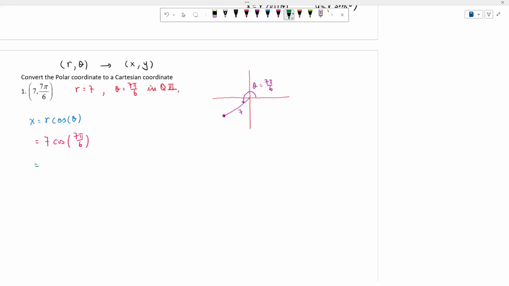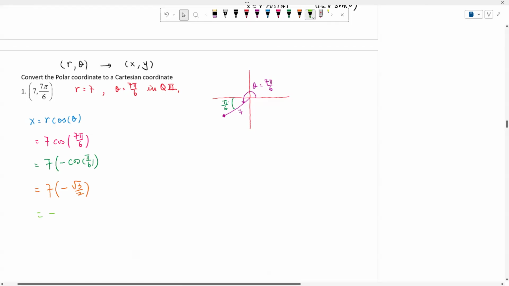Again, 7 pi over 6 is in quadrant 3, so the cosine of 7 pi over 6 will be negative cosine of pi over 6. Pi over 6 is the reference angle. We know that cosine of pi over 6 is root 3 over 2, so my answer will be negative 7 root 3 over 2.